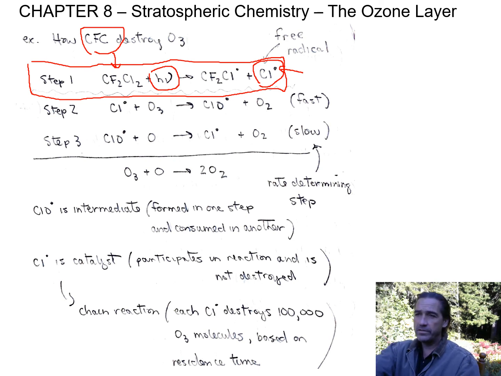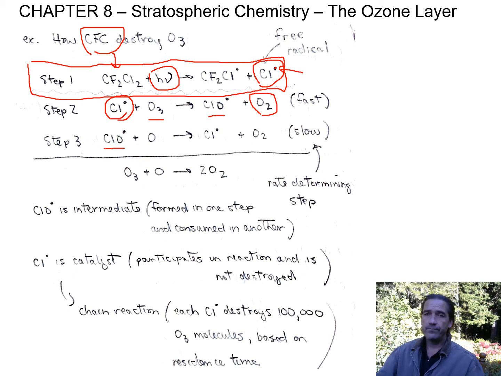But a free radical is something with a single electron, and so free radicals are very reactive. So that is our catalyst. Our catalyst is the chlorine radical, and that will react with ozone to form an intermediate, another free radical. This is some sort of chlorine oxide free radical, and it generates oxygen.